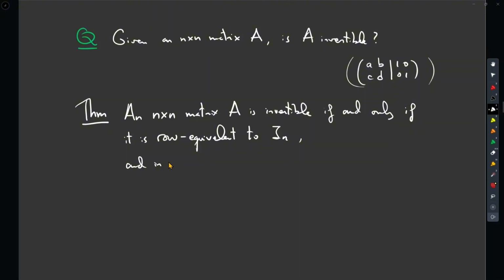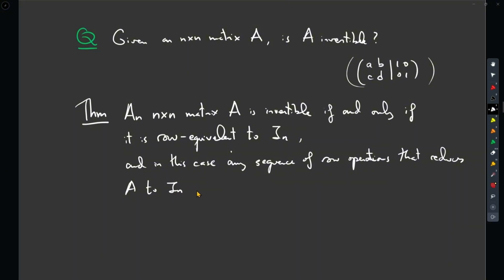And in this case, any sequence of row operations that reduces A to the identity also transforms, at the same time, the identity to the inverse matrix.